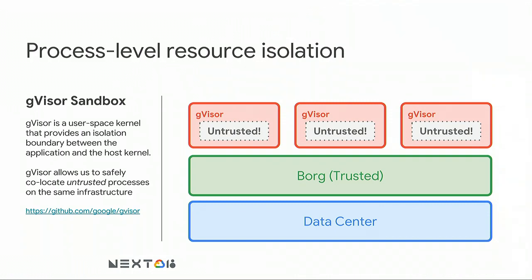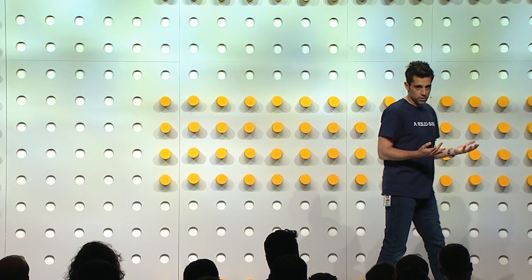It allows us to isolate processes on a shared compute infrastructure from a security standpoint. So process A has no mechanism by which it can interfere with process B. This allows us to run untrusted code on an otherwise trusted infrastructure.